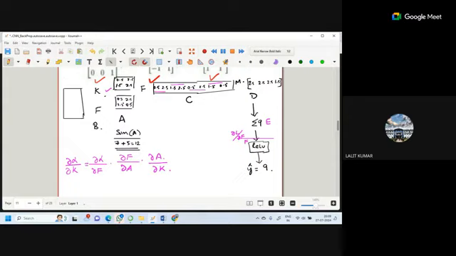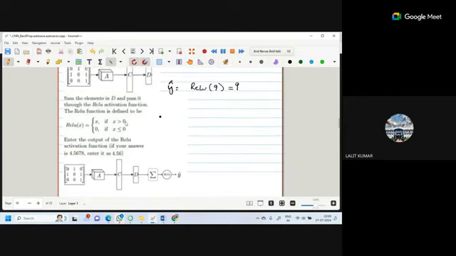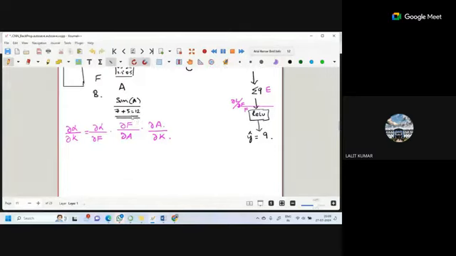Now, can somebody guide me how to go about this question? What will be del L by del F? In this question, they have given that we sum the elements in D and pass it through the ReLU activation function. So if there is a loss coming from here and it passes through ReLU, what will be its value?